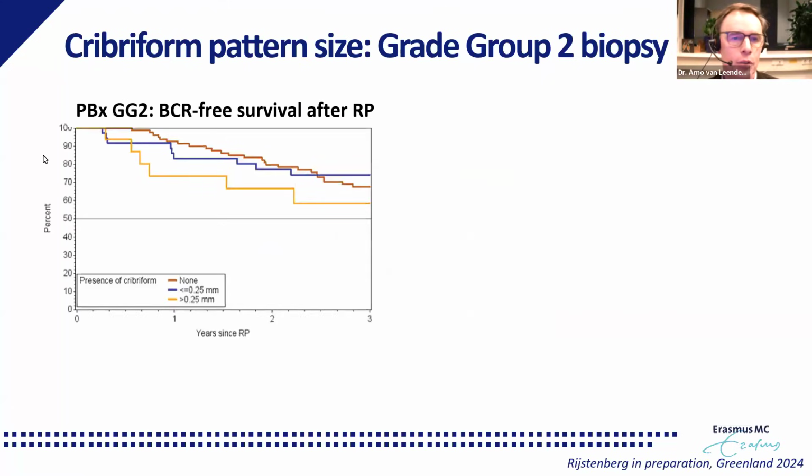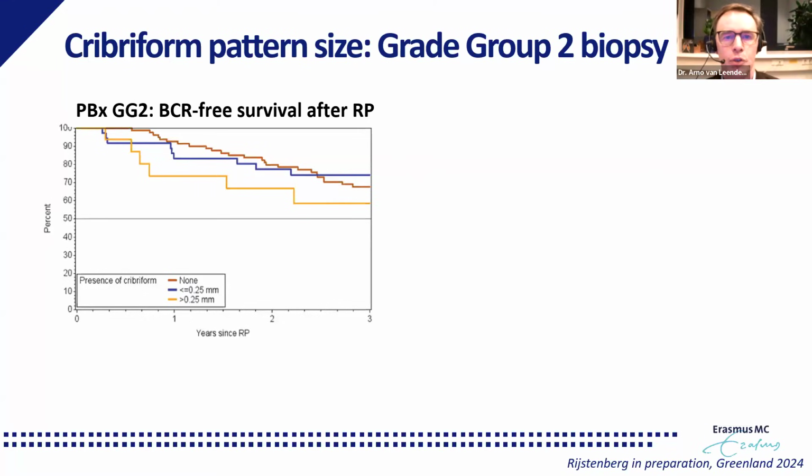In that study, they also looked at biochemical recurrence-free survival after radical prostatectomy. So again, at the biopsy, the cribriform pattern was measured, the patient got radical prostatectomy, and they found that patients with large cribriform pattern tended to have worse biochemical recurrence-free survival.